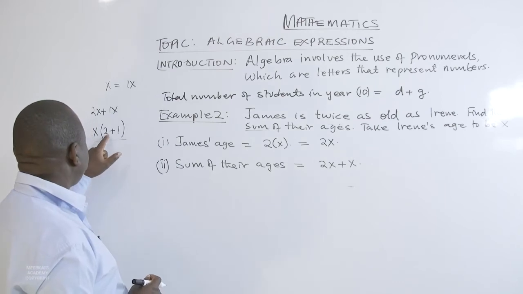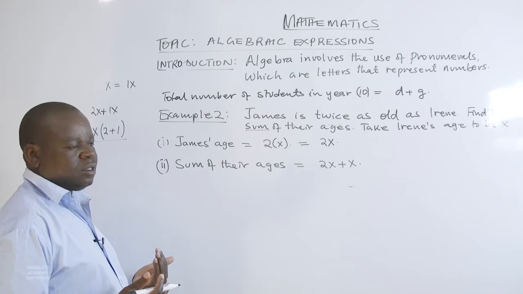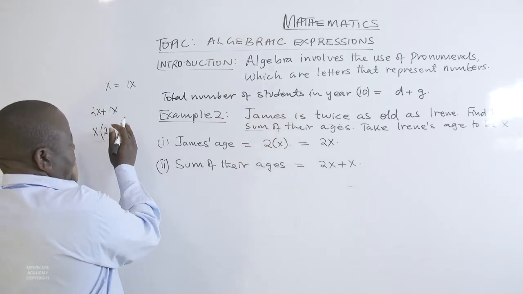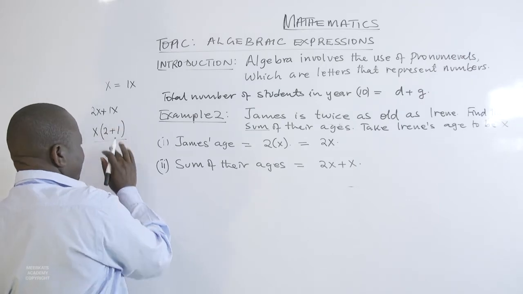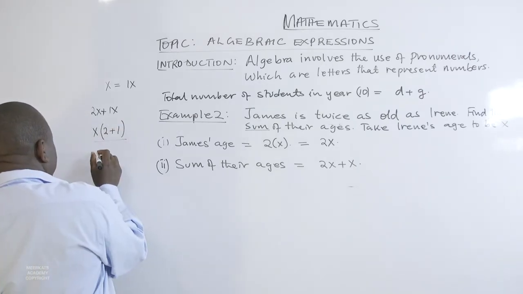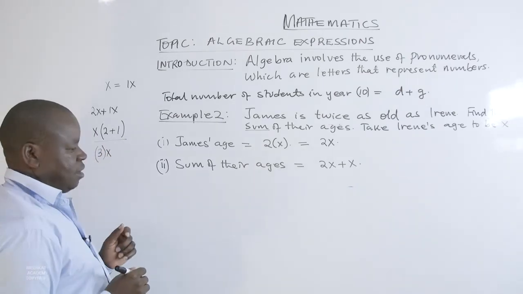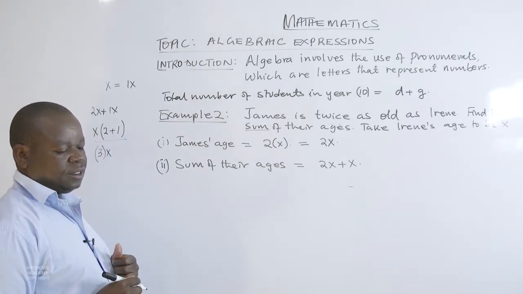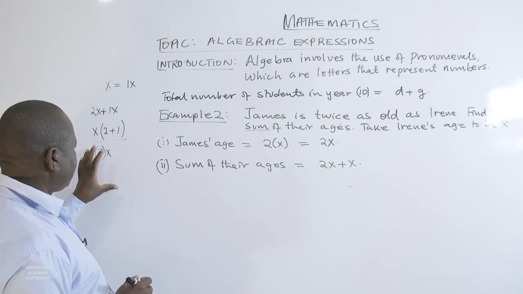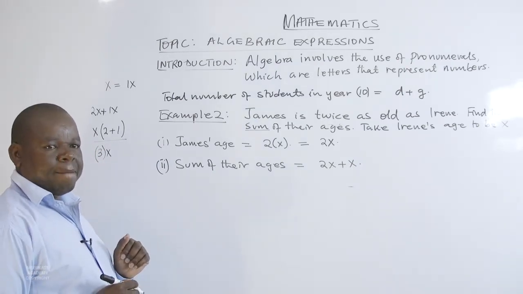And 2 plus 1 numerically is basically 3. So once we have that, we now write 3 multiplied by x. I am interchanging the position of x, and I'll explain why sometimes we do interchange.